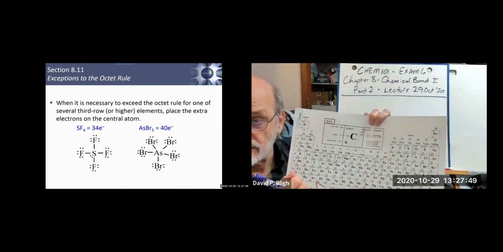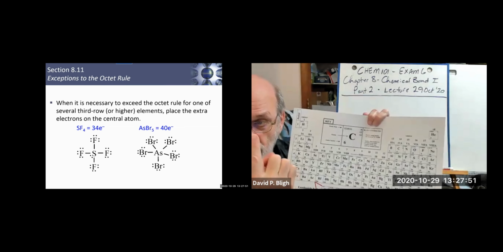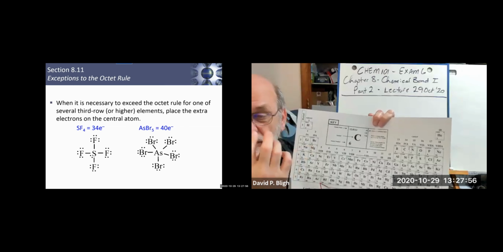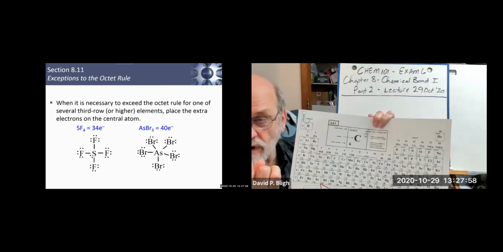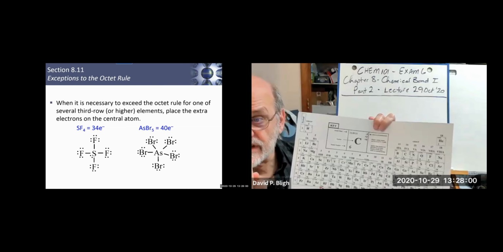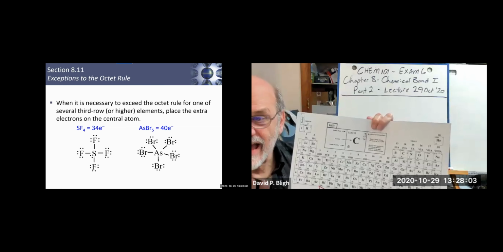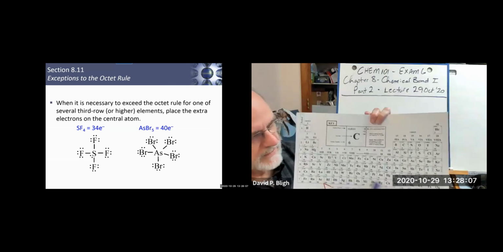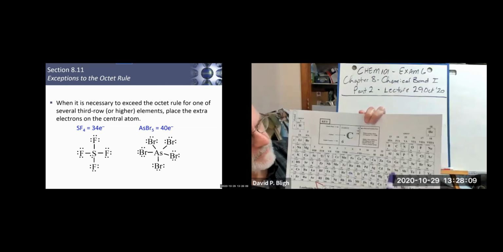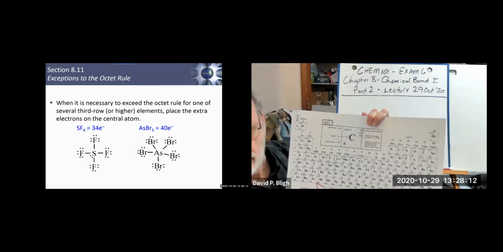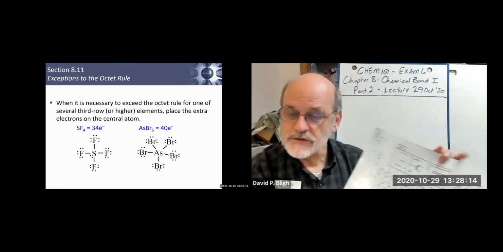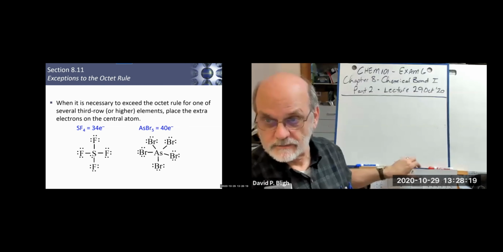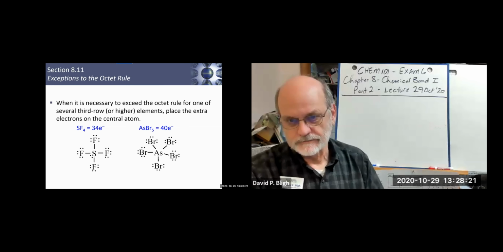You have 4 l values: 0, 1, 2, 3. 0 is s, 1 is p, 2 is d. So we have access to d orbitals in both of these examples. Sulfur and arsenic both have access to d orbitals, and they use them to accommodate those extra electrons.